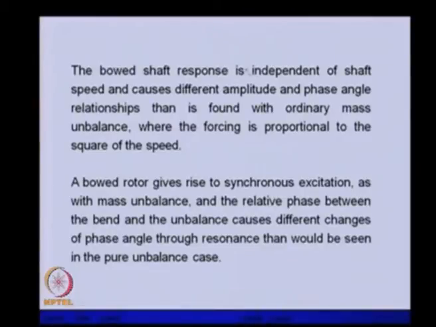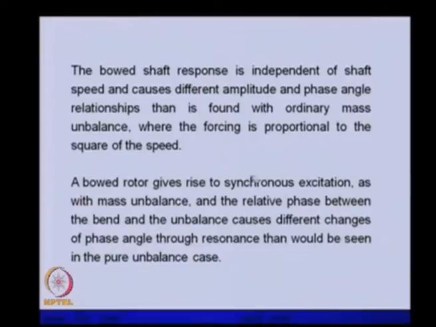Bowed shaft response is independent of the shaft speed. This is very important to observe. It causes a different amplitude and phase angle relationship than is found with ordinary mass unbalance, where the forcing is proportional to the square of the speed. We know for unbalance the force is proportional to the square of the speed, but for the bowed shaft this is not the case.